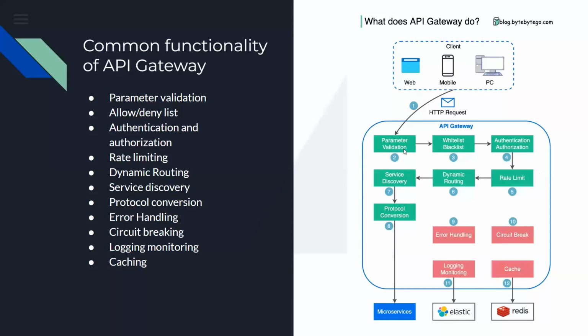In addition to these validations that the API gateway carries out, it also carries out error handling. If there is any error encountered while going through this process, it's the API gateway that takes note of that and shoots out an error.